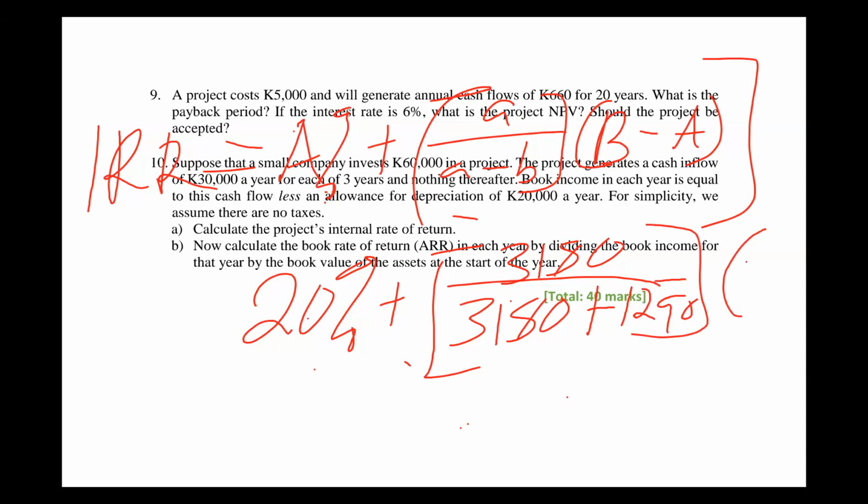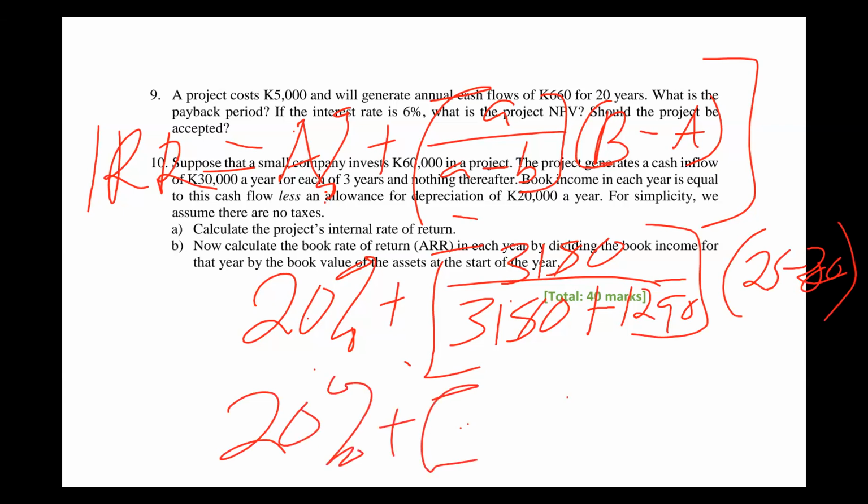Times 25 minus 20. So what do you find in between? Add these. 3,180 plus 1,290 is equal to that. So 3,180 divided by the answer.